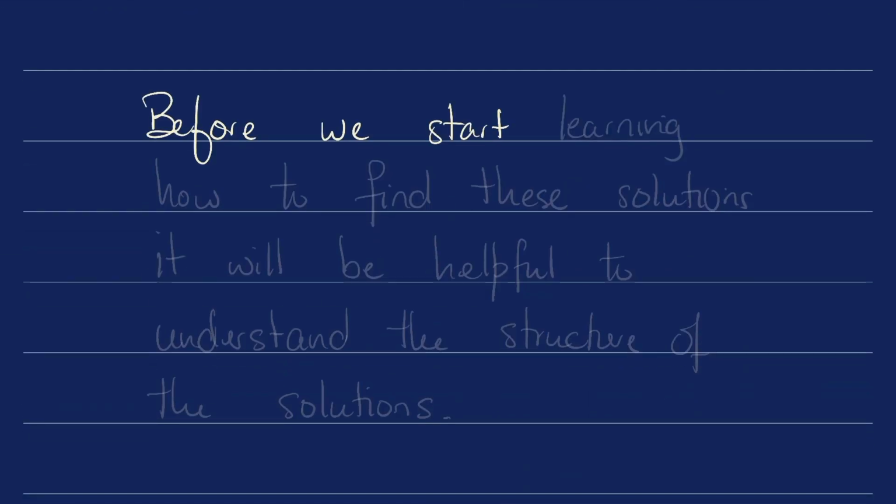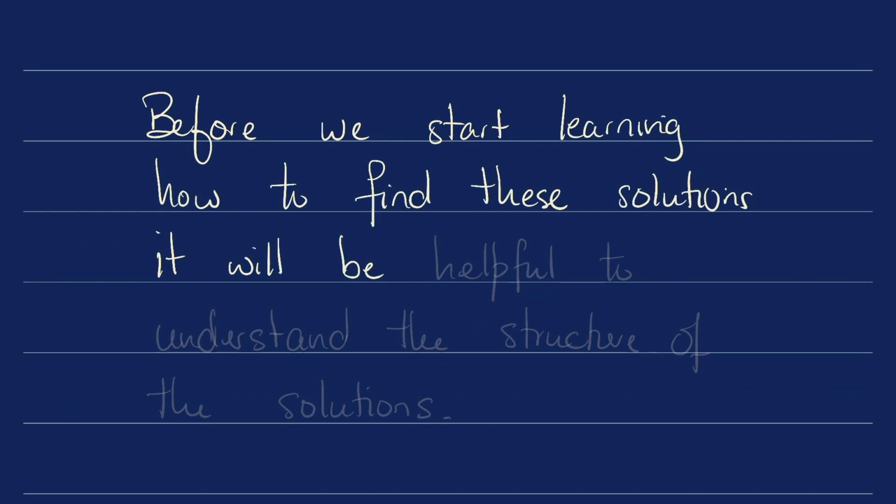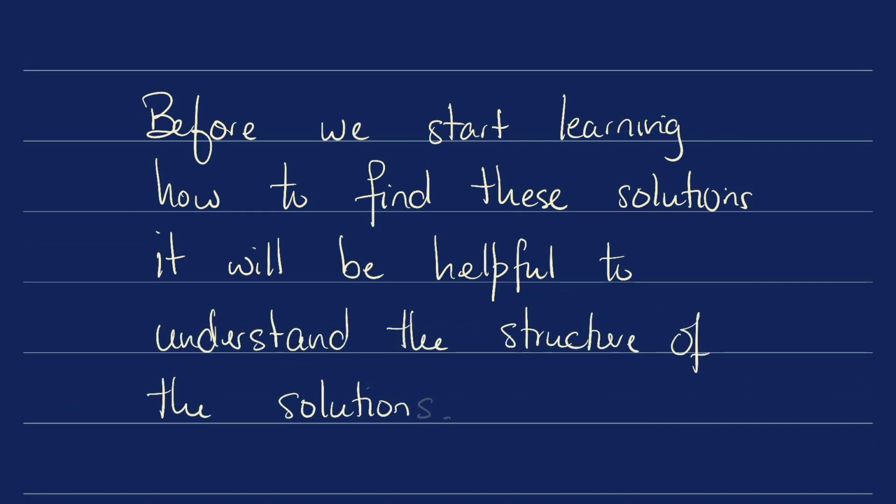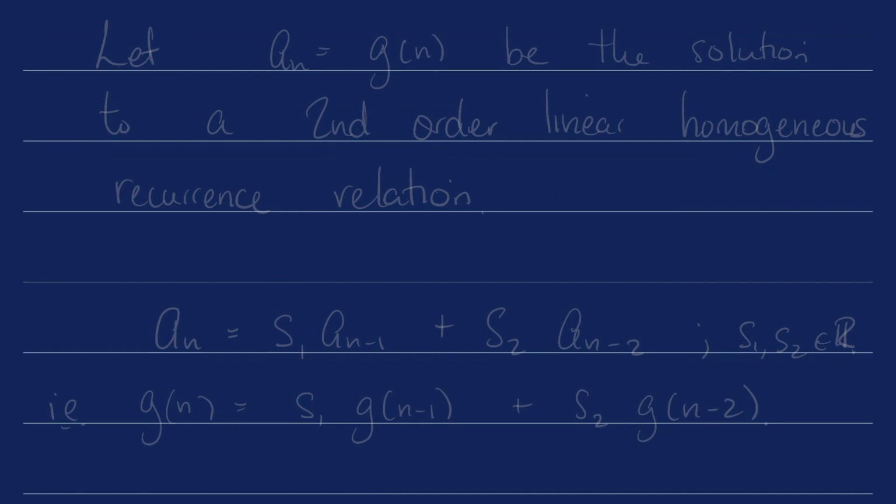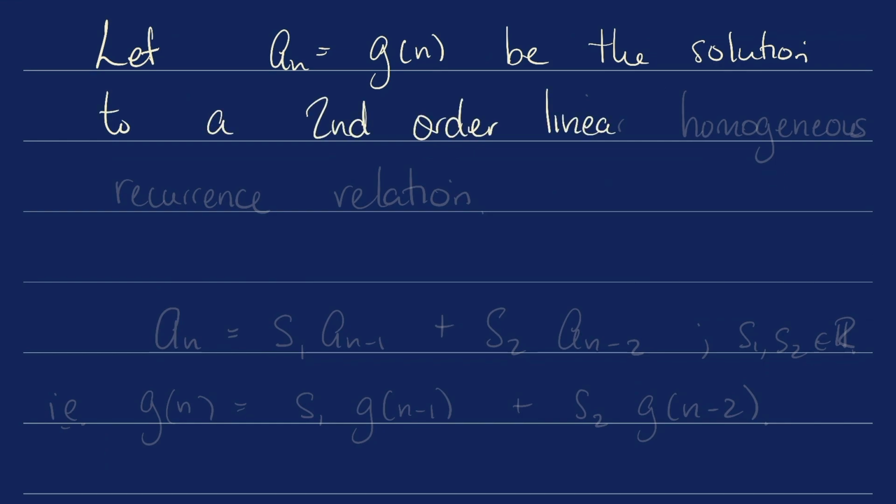Before we start talking about how to find these solutions, it's actually going to be helpful for us to understand the structure of the solution space. Let me tell you what I mean. Let a_n be equal to some function g of n. Suppose that's the solution to a second-order linear homogeneous recurrence relation.